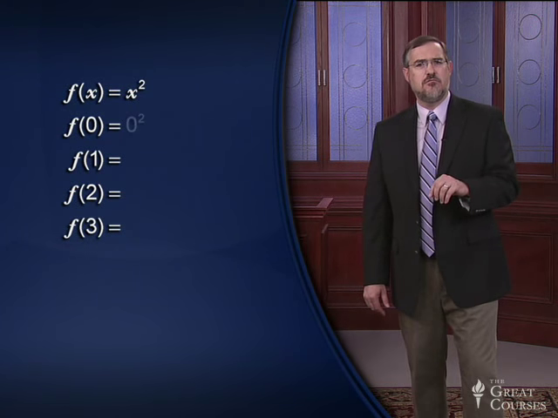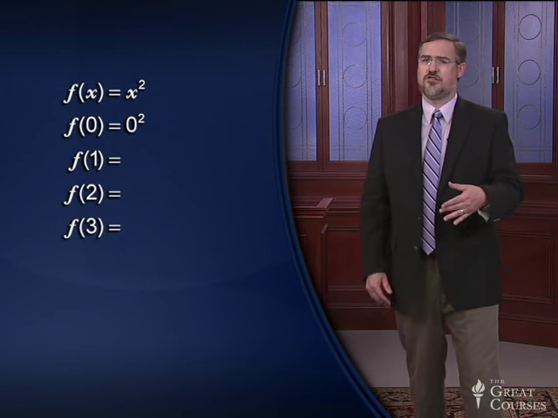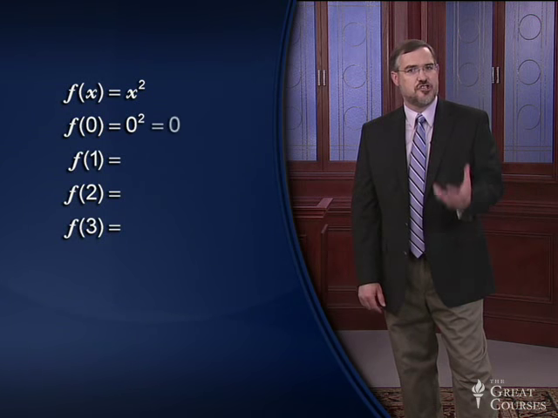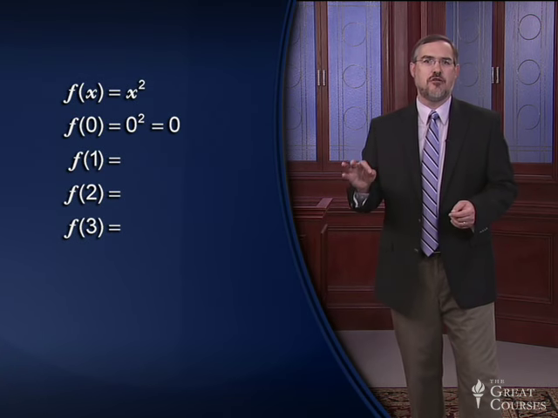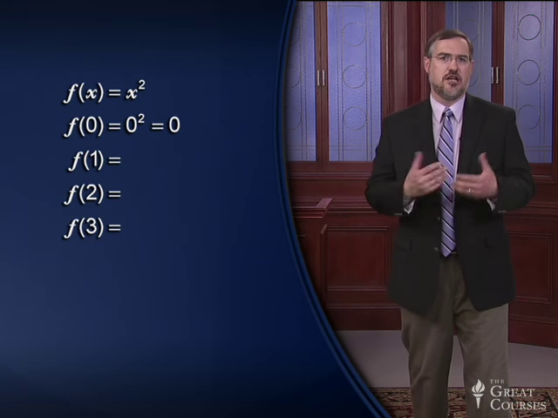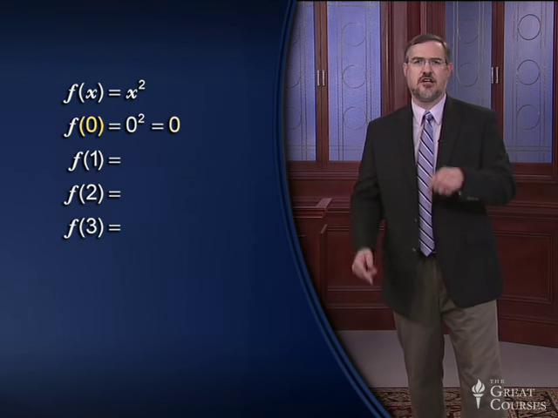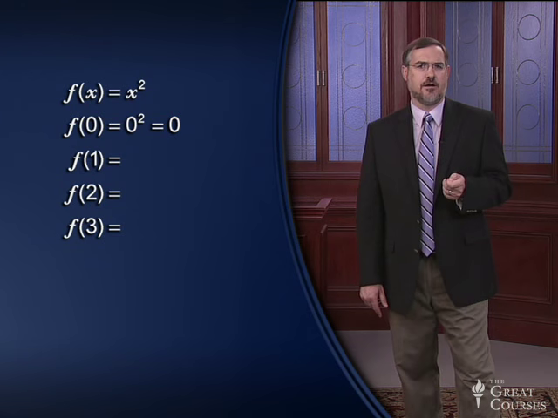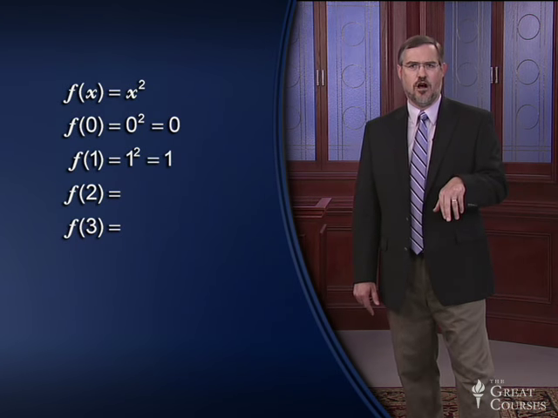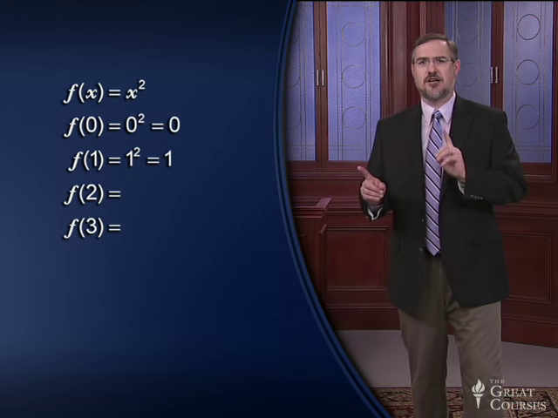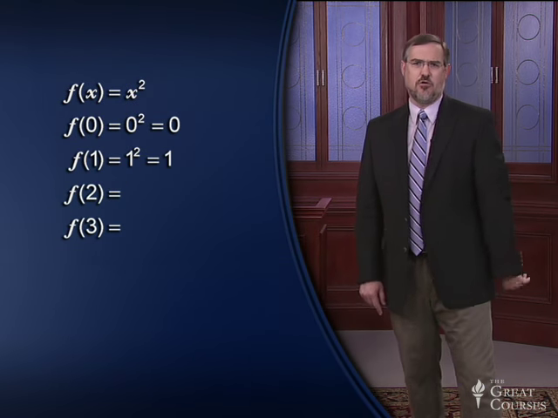So f of 0 is 0 squared, which of course is 0 times 0, which is 0. Lots of zeros there. And that means that the point (0, 0) is on this graph: 0 for x, 0 for y. Let's plug in 1. f of 1 is 1 squared, which is 1. And so the point (1, 1) is also on the graph.